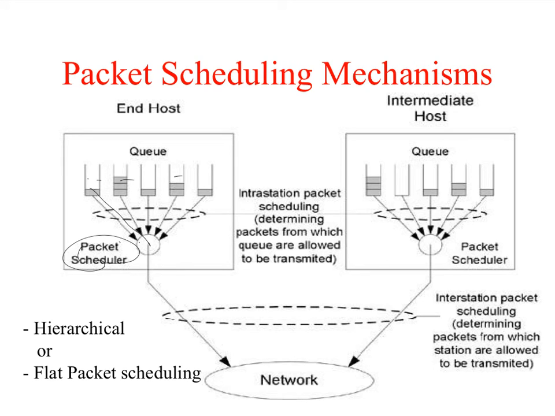Packet scheduling has two levels. We have what we call intra-station packet scheduling. When I say the term intra, what do I mean? Locally, exactly, meaning inside the station. Intra-station means inside the station.